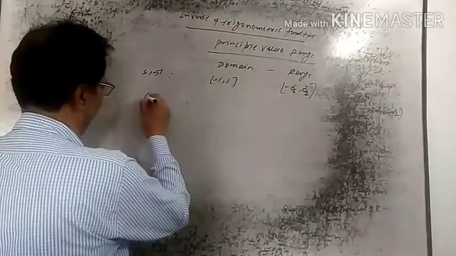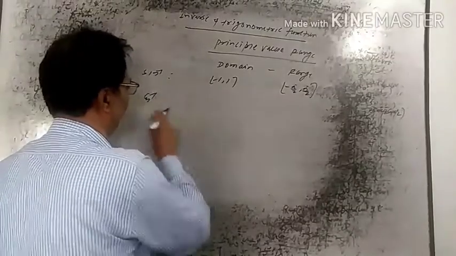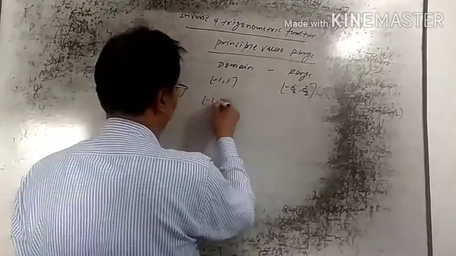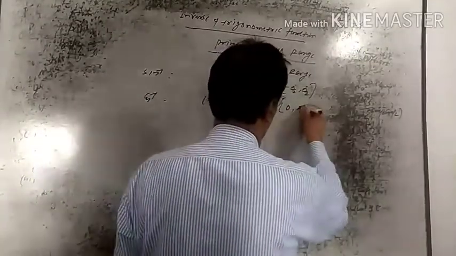Similarly, the domain of cos inverse function is the closed interval minus 1, 1, and its range is the closed interval 0 to pi.